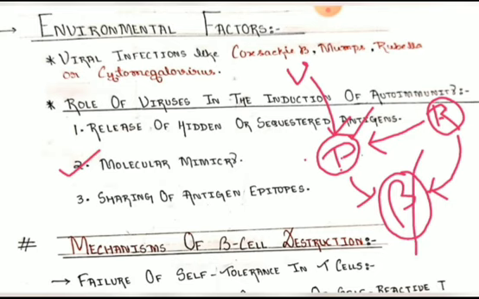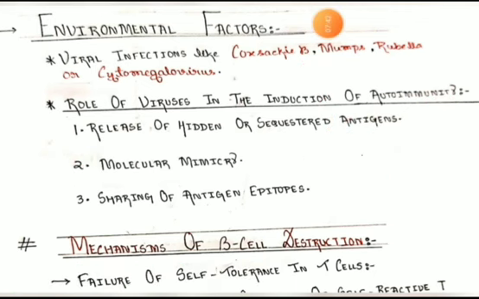So the response which is generated against the viral proteins, since they resemble the beta cell antigens, may cross react with the beta cell antigens, resulting in self tissue destruction. So this is the second mechanism, which is molecular mimicry.